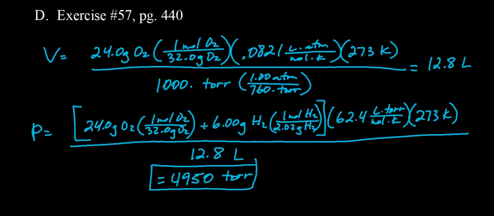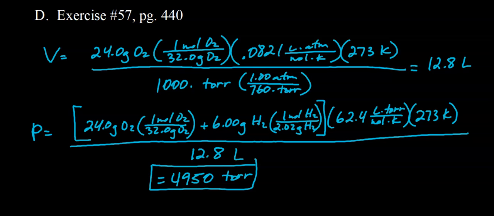So with the oxygen itself, the pressure was 1,000 torr. Add just 6 more grams of hydrogen, which is nearly 3 moles. So it's a lot more gas that you're adding, and the pressure goes up almost 5 times. Notice that. Start off with less than a mole of gas.